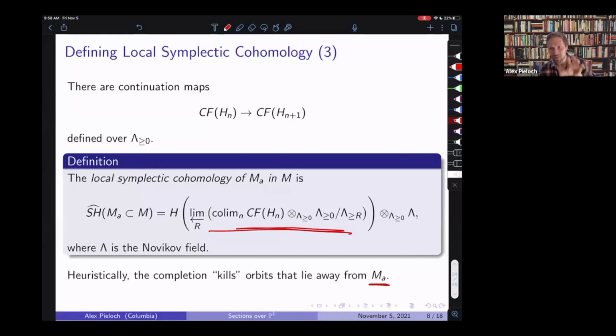You're just focusing in on the Hamiltonian dynamics near your compact subset. Now, it is not local in the sense that you are using differentials that can go anywhere inside your space. So we don't necessarily just consider Floer trajectories that are inside our compact subset or something like this.